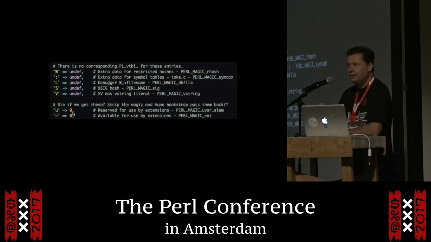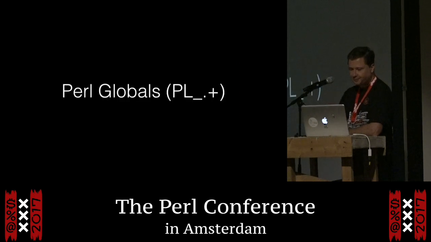That doesn't mean that we're not going to blow up. Oh, and I need to talk to Liam later, but I would be curious to see how they work. You can also see there's an sv magic for %SIG, but there's no corresponding vtable. So I think certain code just looks and says, oh, it's that magic, I need to do something. Right. So it's just a flag for %SIG.